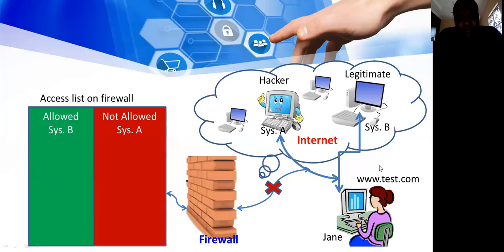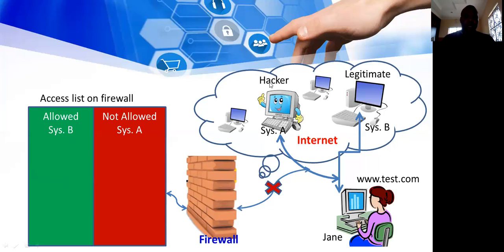So the firewall here is going to maintain what we call, if you look at this place, I call it an access list. So the access list of the firewall tries to keep track of those systems. It could even be applications that you want to allow or those that you don't want to allow, such that if this kind of device called a firewall is placed in between here, before this communication gets through to Jane, then the firewall will know that this is the attackers' communication.